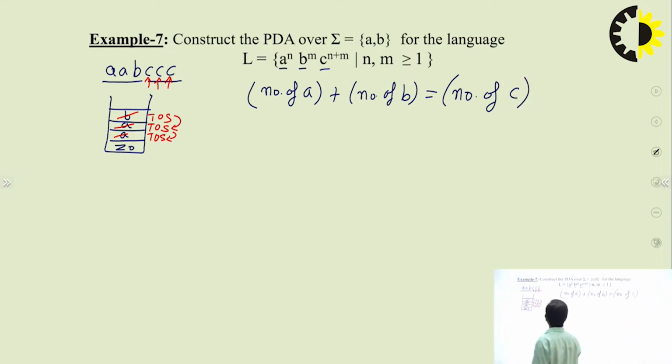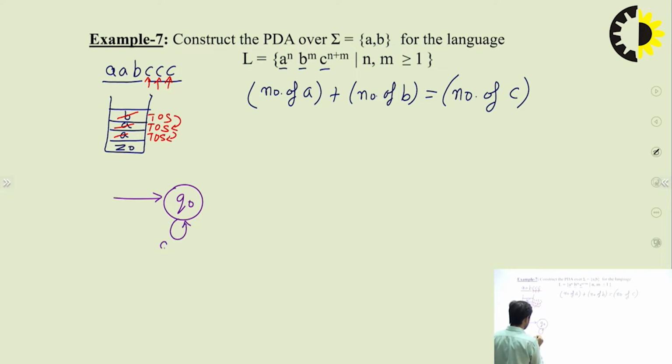So there is state q0. When input is A, top of the stack is Z naught, we push A Z naught.